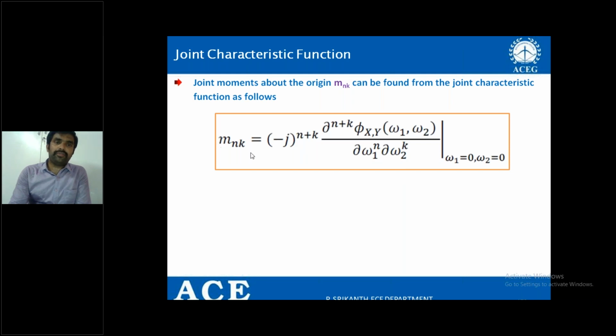Therefore, the definition can be taken like this: m suffix nk equal to minus j whole power n plus k into dou power n plus k phi xy of omega 1, omega 2 by dou omega 1 power n, dou omega 2 power k, where omega 1 and omega 2 both are equal to zero. So by making both omega 1 and omega 2 equal to zero, I can derive the moment m suffix nk.